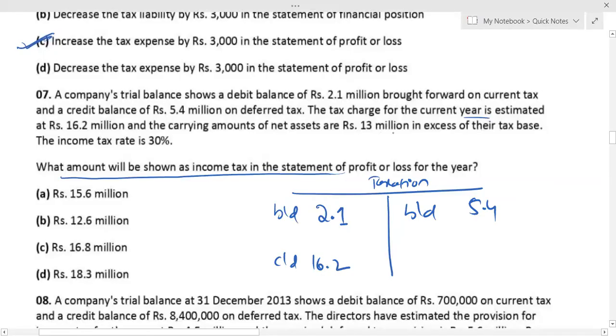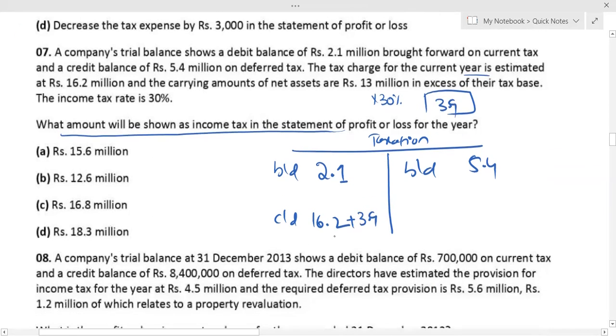The carrying amount of net assets is 13 million in excess of their tax base. Whenever an asset's carrying amount is more than the tax base, it is a taxable difference. Taxable difference multiplied by tax rate gives us deferred tax liability, which is 3.9. So the closing deferred tax liability is 3.9. Balancing figure, let's try to find out. That goes to P&L.